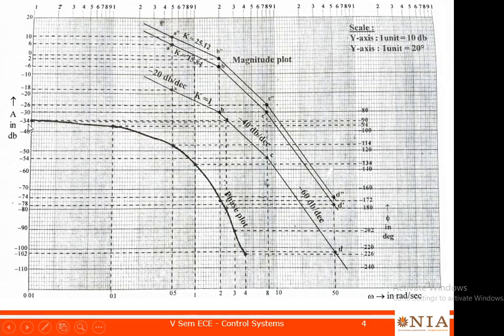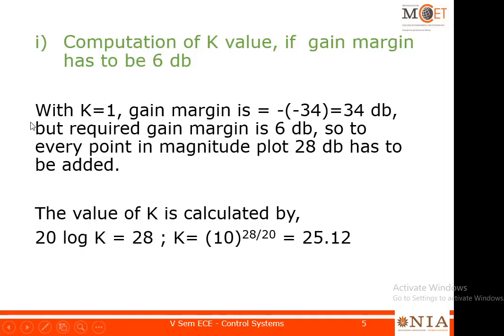It is minus 34, but it has to be minus 6 dB so that my gain margin is 6 dB. So I should add 28 decibels. Am I right? So take the 28 and substitute it in 20 log k is equal to 28, and get the value of k.